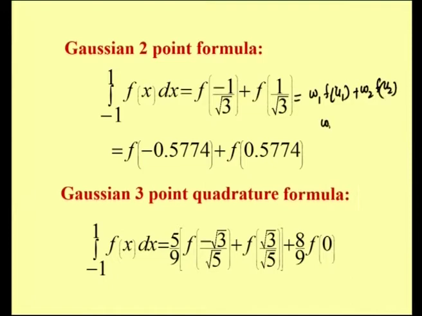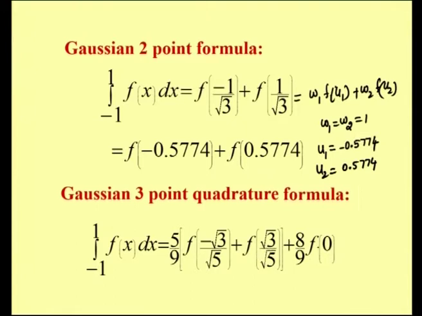Here the weights are w1 is equal to w2 is equal to 1 and u1 is equal to minus 0.5774 and u2 is equal to plus 0.5774. Okay. And similarly the Gaussian 3-point formula is written as 5 by 9 f of minus root of 3 by 5 plus 8 by 9 f of 0 plus 5 by 9 f of root of 3 by 5.